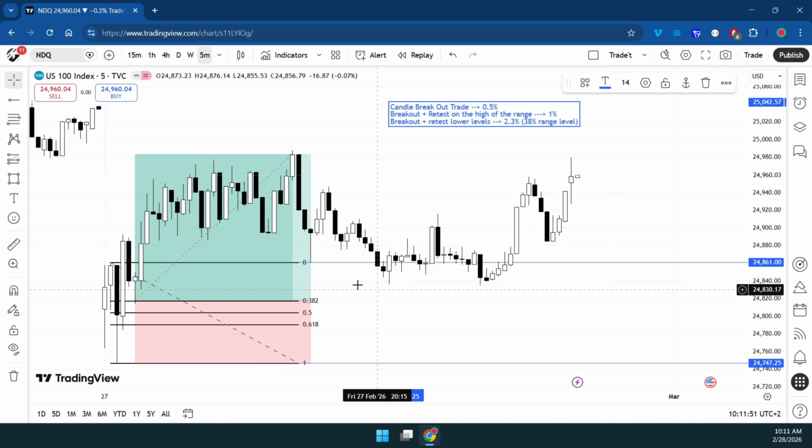So this is just an example showing how we can use this breakout retest entry in order to maximize our profit.